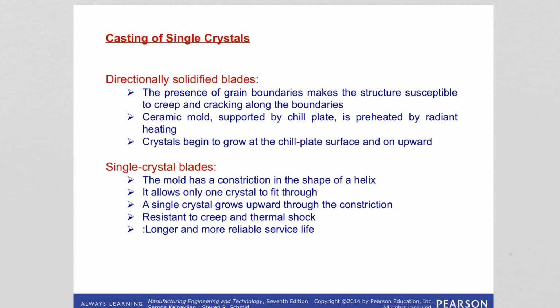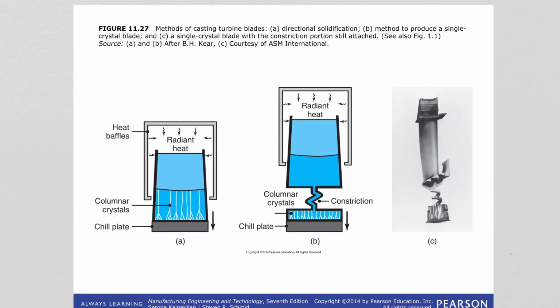To understand that, let's look at the illustration of this process. This is the directional solidification. You have a chill plate and a ceramic mold which holds the molten metal, and then the chill plate is lowered down slowly, and this makes the grains, of course, grow along one direction like that.